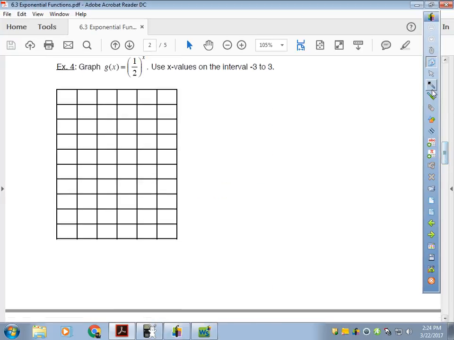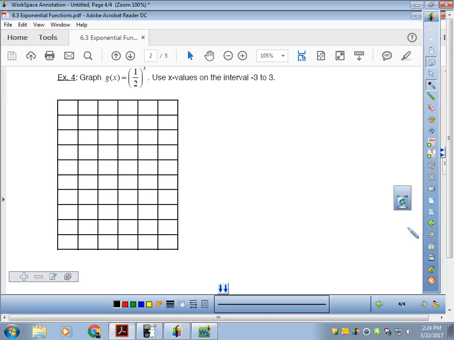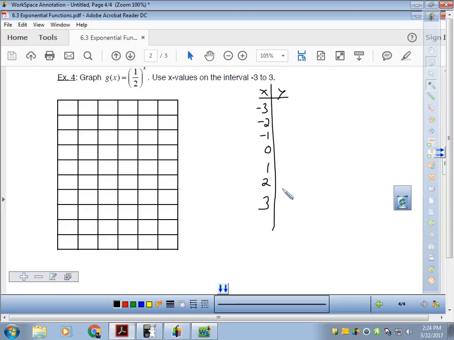Let's do another one. Example 4, we have g of x equals 1/2 raised to the x. We're asked to use x values going from -3 to 3. Again, I'm going to make myself a table, x and y. X's go from -3 to +3. And then if I have x's to find y's, I just plug in.